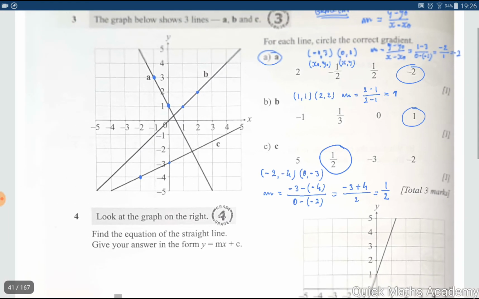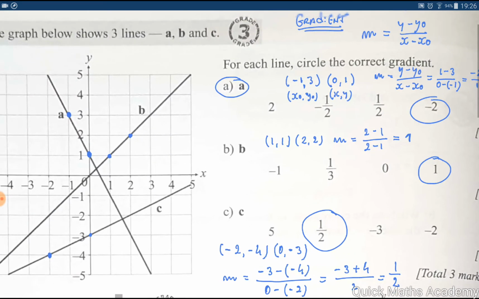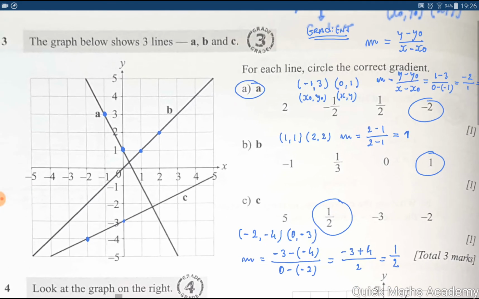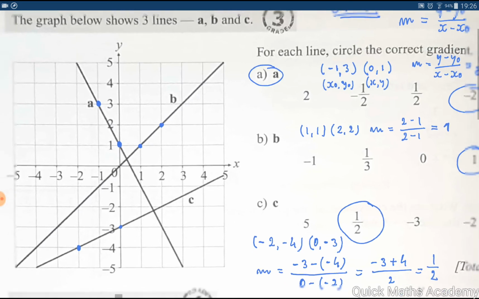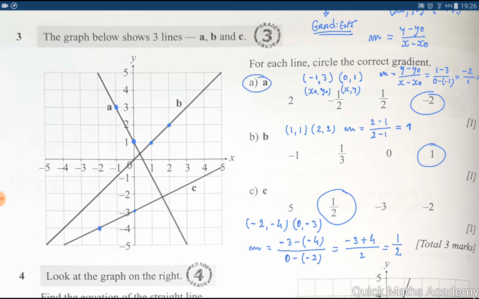Now, there is another strategy of calculating this. In the first one, the gradient is -2. A gradient of 2 means that for every x that you move, you move 2 y's.